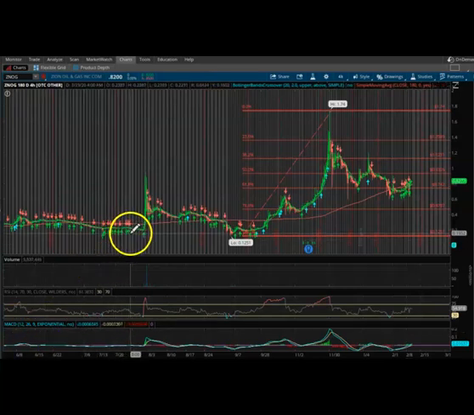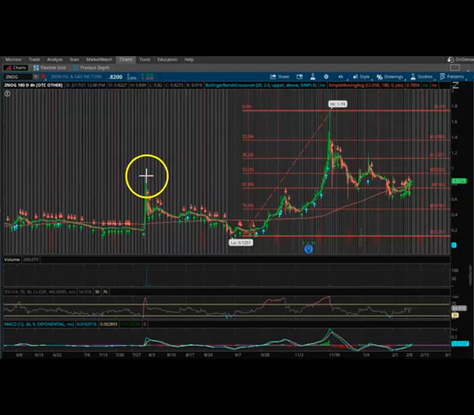But anyway, let's take a look at the cup and handle. Back in July, they had news of the MJ2 departing and heading to Israel. So the stock basically went straight up. It shot up from 20 cents all the way to 90-something cents, and then came back down.